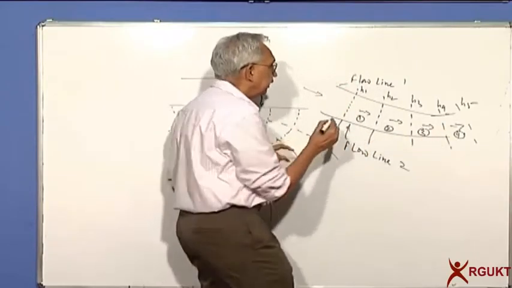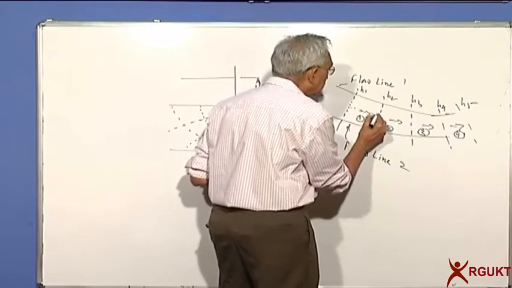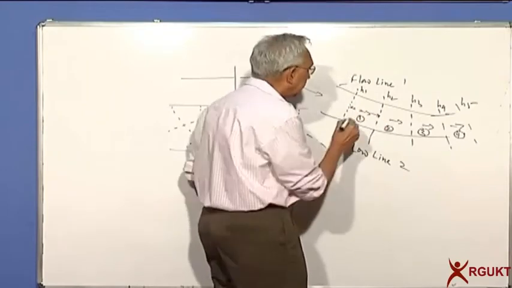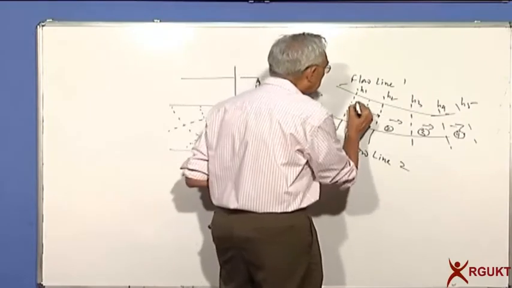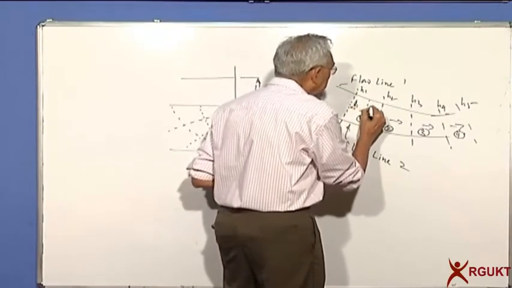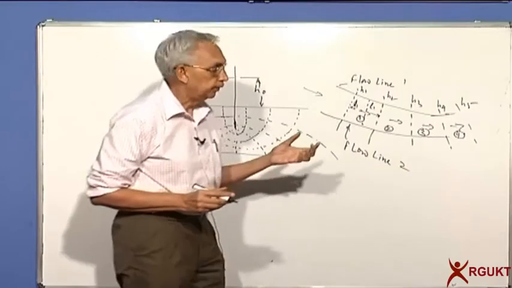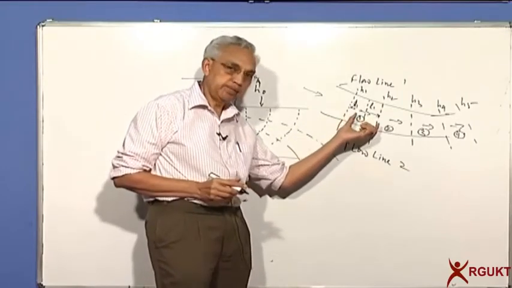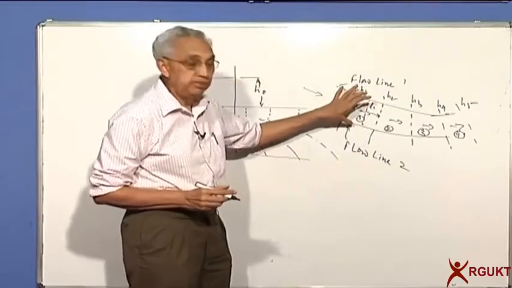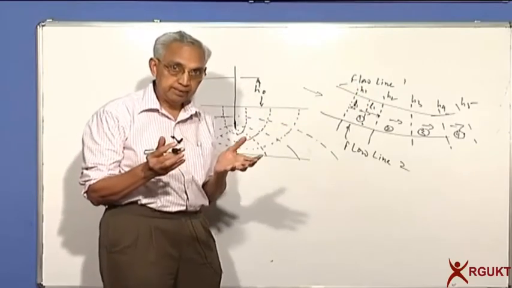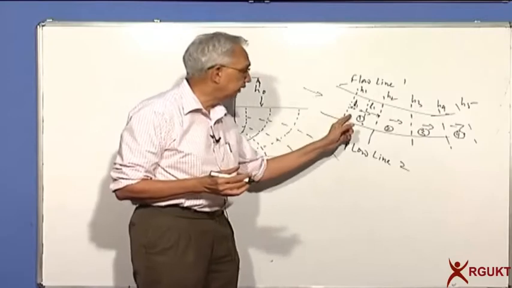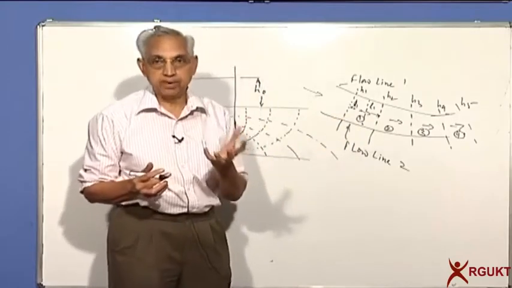Let's look at the distance between the two equipotential lines and the distance between the two flow lines. Suppose I say this is L1. You will have to agree if the distance between two equipotential lines is L1, within each element the distance between the two flow lines also will be equal to L1, because we are saying each of the elements is a square.